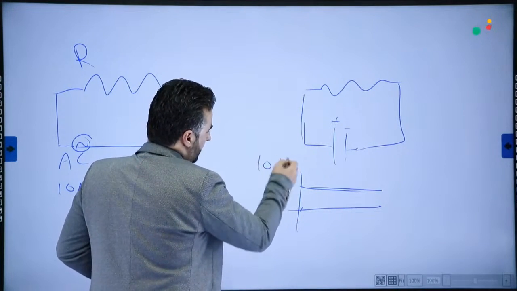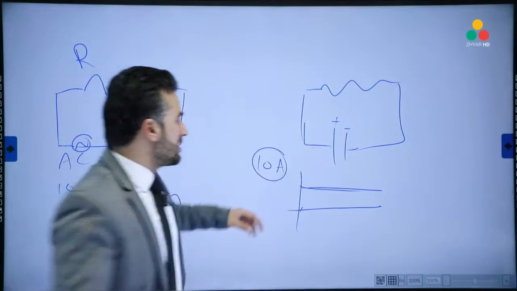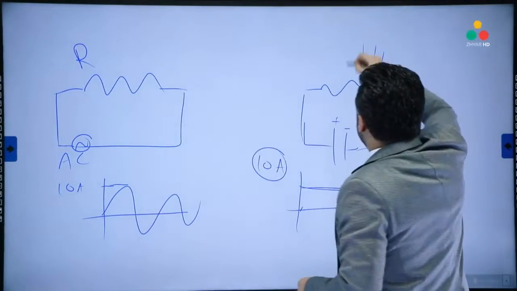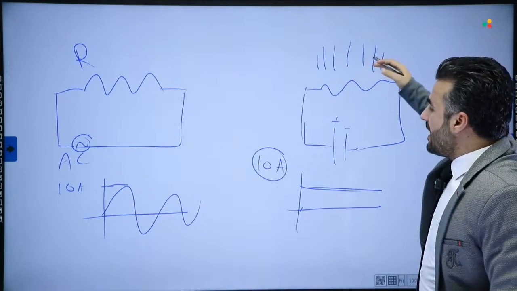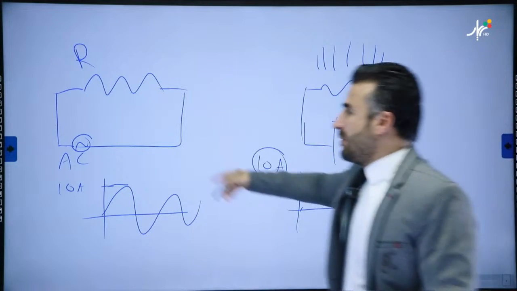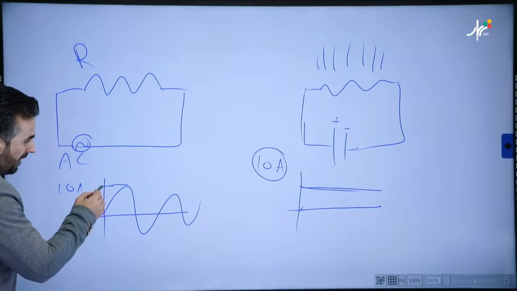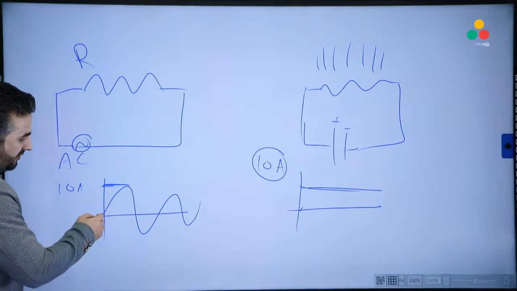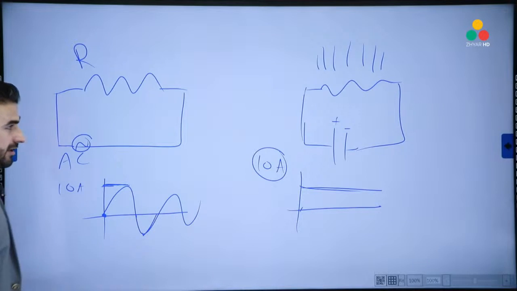It is always providing 10 amperes here. So this one is going to convert a lot more electrical energy into thermal energy per second compared to this one here. That's because this value is going to change from 0 to maximum, to 0 to negative maximum, and then 0 again.